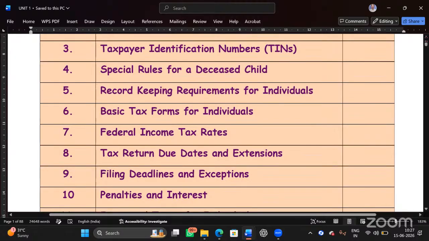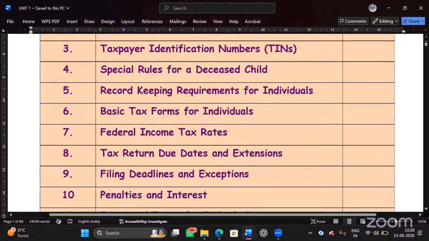In certain cases, the department has the right even for 6 years. In special circumstances, the department has the right to demand that information for an infinite number of years. Even after 10 years, even after 20 years, the department has the right to call for past records.